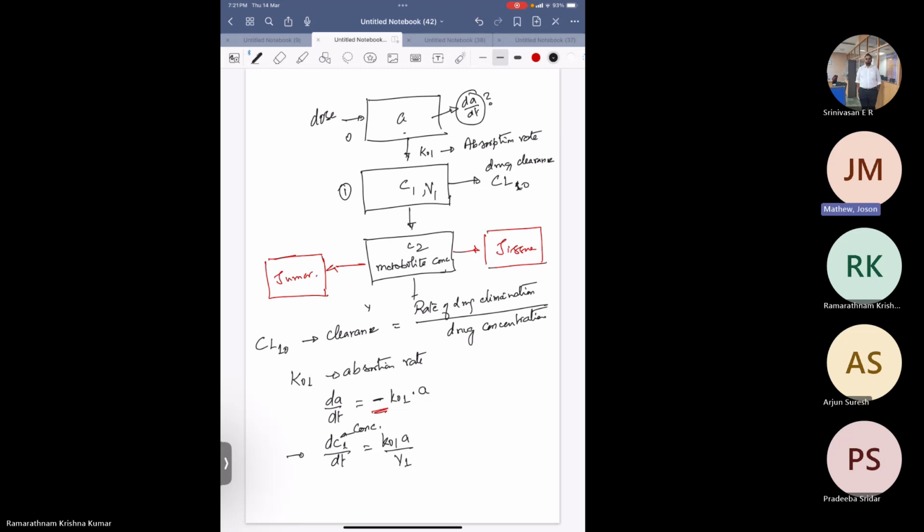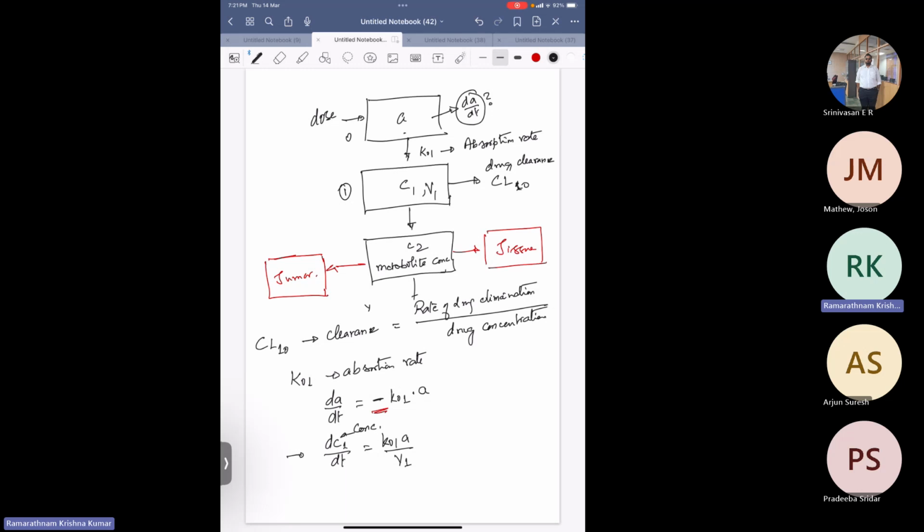So much in 1 second, K01 into A, has come into the plasma. So what is the concentration of drug in plasma? Divided by V.